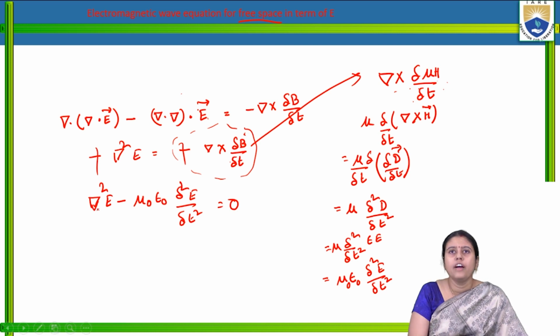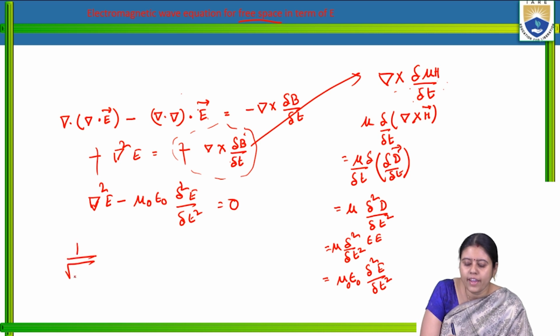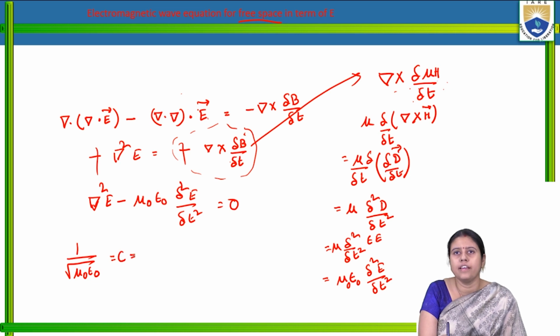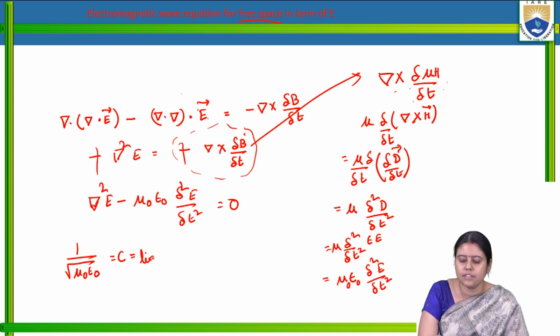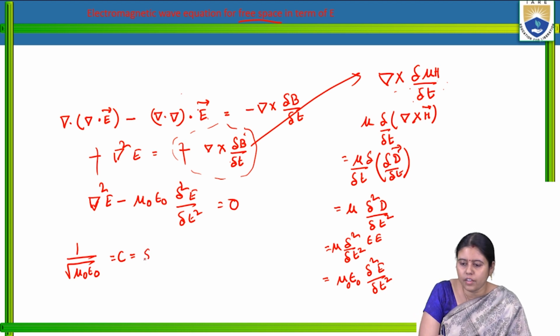We can also write the equation like this. Now what is mu naught epsilon naught? If we calculate 1 by root of mu naught epsilon naught, it is nothing but C, the speed of light.